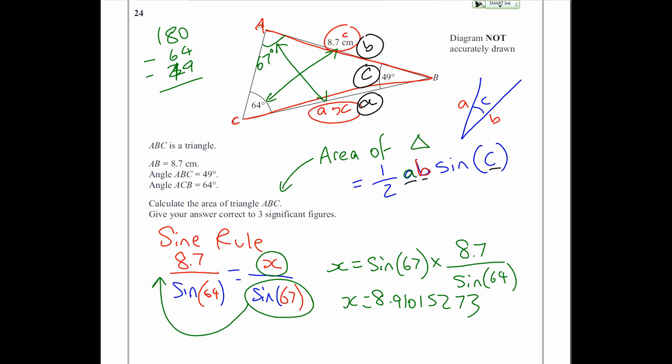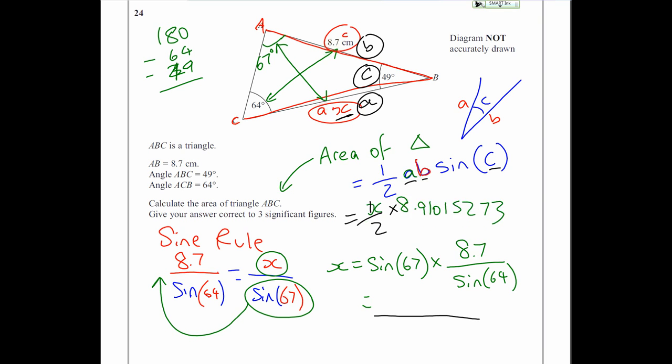And we use the formula half times A, which is our x, which we found. Can we put it up here? Need to erase that first. That is our A. Our B is 8.7 with our new label, times by sine of our angle 49.